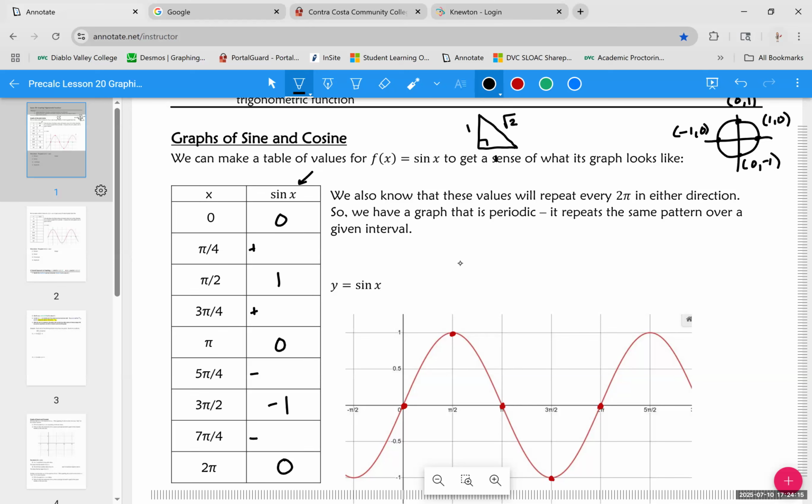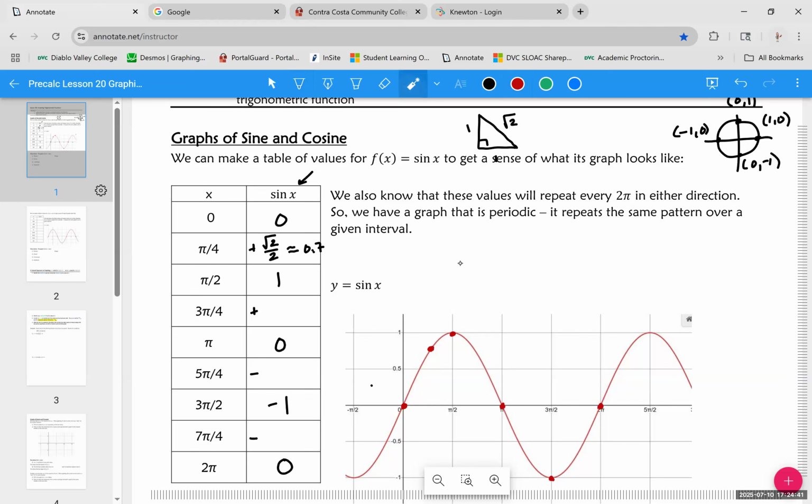So my sine would be 1 over root 2 or root 2 over 2. In order to graph that, you probably would want some sort of decimal approximation. It's around 0.7. So pi over 4, which would be halfway between 0 and pi over 2, would be around 0.7. So I'm looking at roughly this point here.